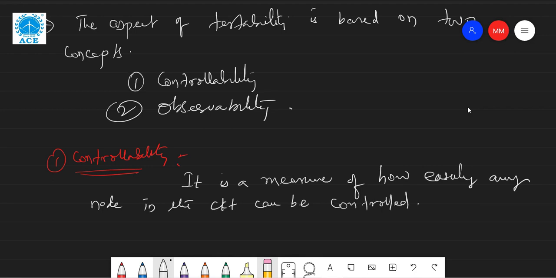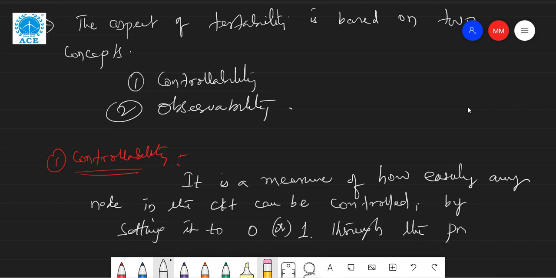Controlled how? By resetting or by setting it to 0 or 1, through the primary inputs.